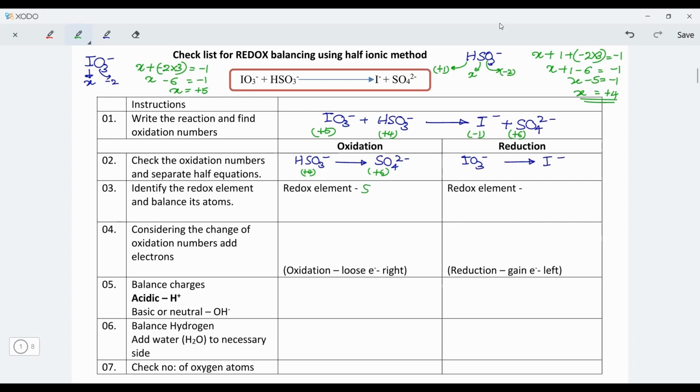Then the redox element of the reduction half, you can understand, must be iodine. And then what does the instruction say exactly? After identifying them, you must balance the atoms. That means if you had two sulfur atoms here, you would have to put 2 in front of this, but you don't have that. You have only one sulfur, one sulfur.